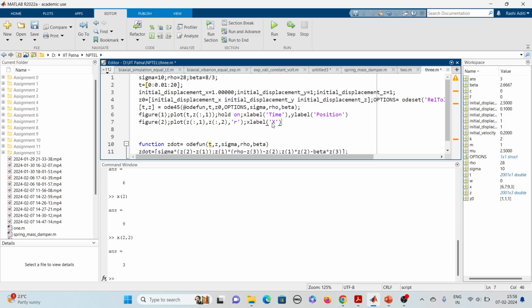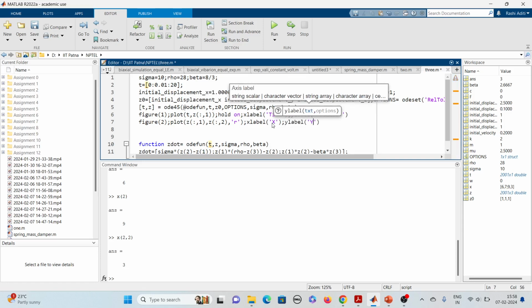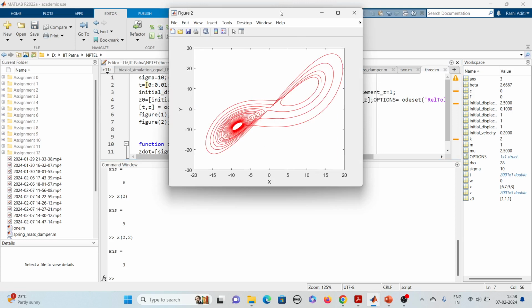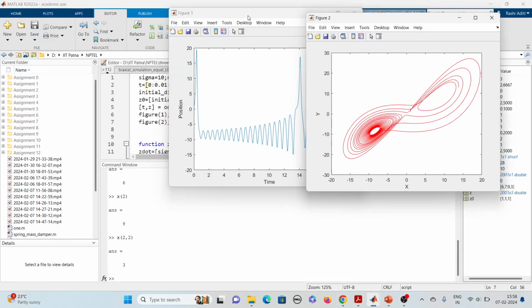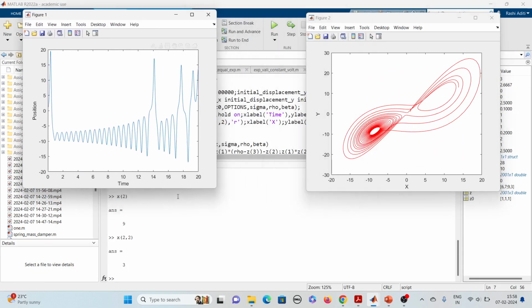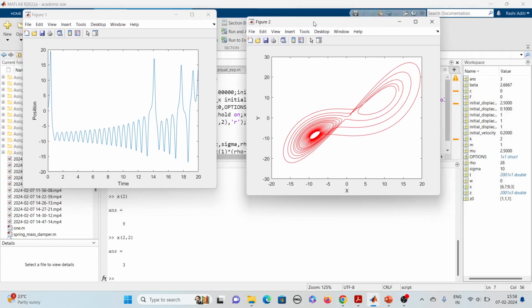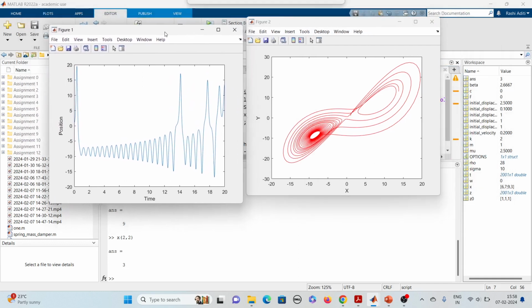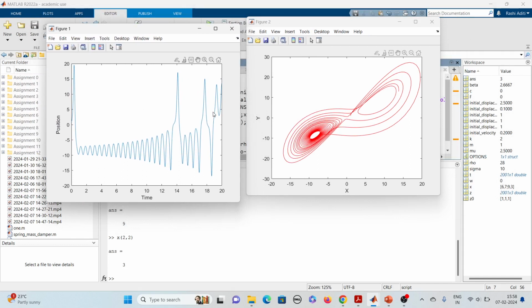Capital X, and the Y label is Y. I'll run the code. See here, this is X with respect to time and this is the Y versus X plot. You can see with time how it is changing.